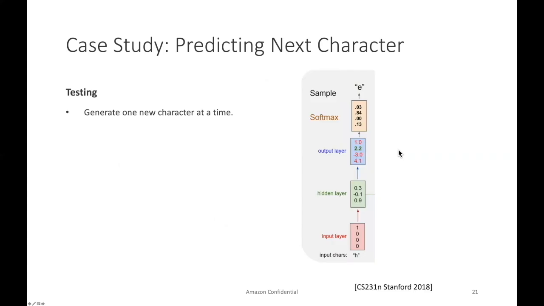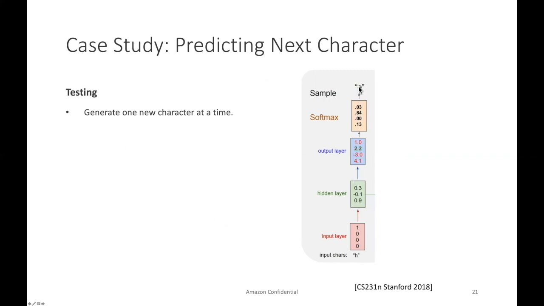So how do we basically test this? For testing, what we do is we start with one letter, and then we try to get the next letter, right?